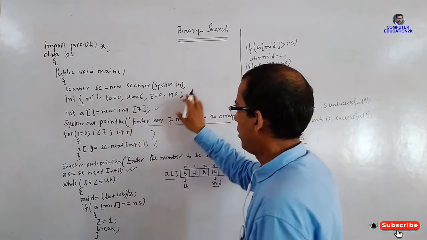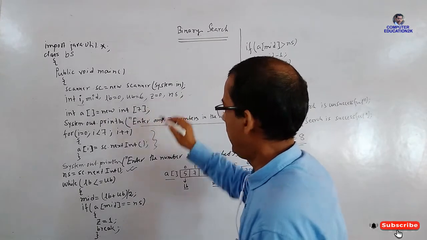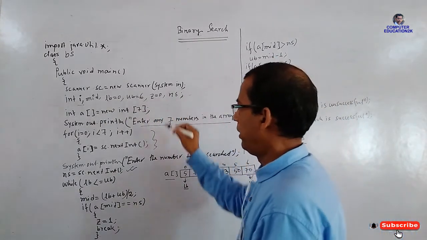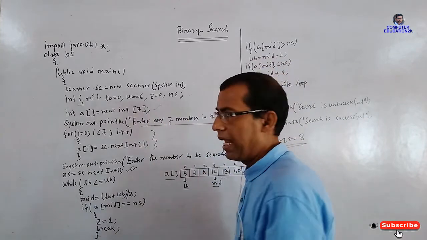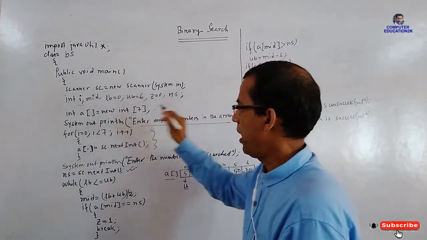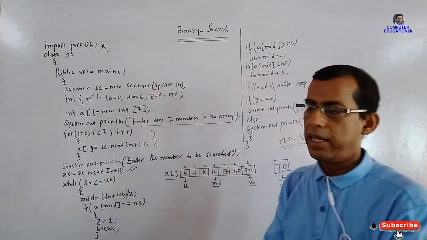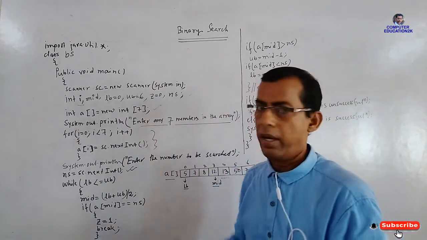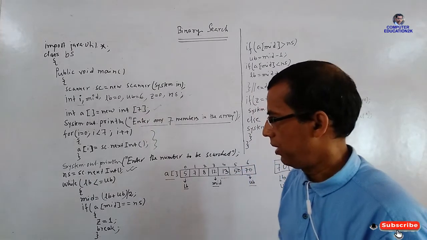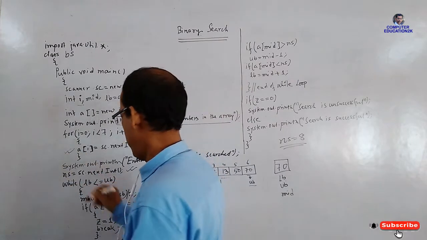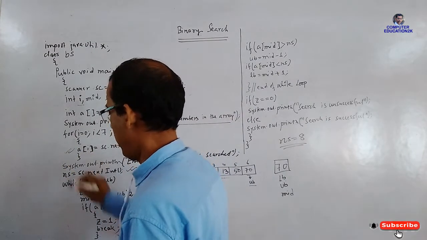Z I have taken for confirming the search, and NS is the number to be searched. Then I have declared an array, and here we have given a message: enter 7 numbers in an array. By these lines we have entered 7 numbers in the array.